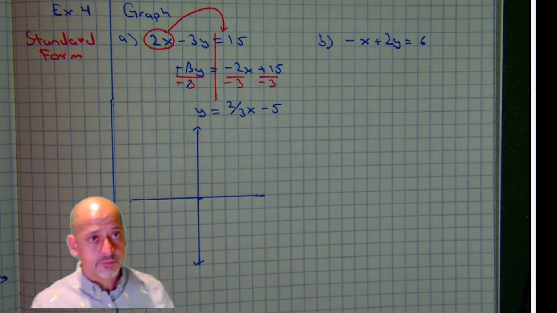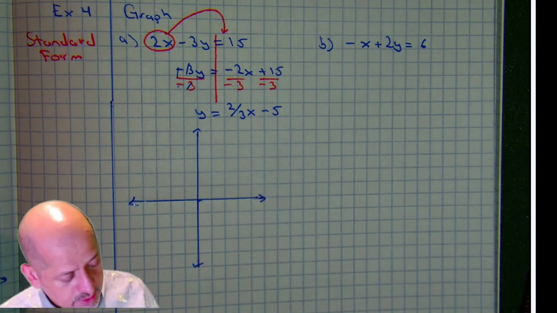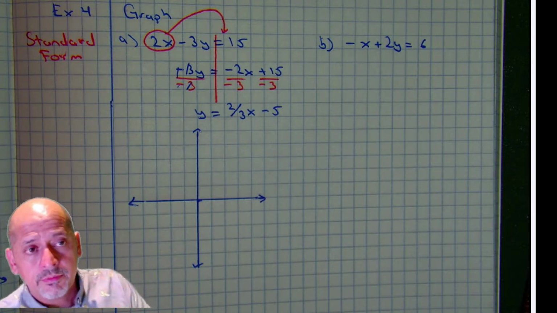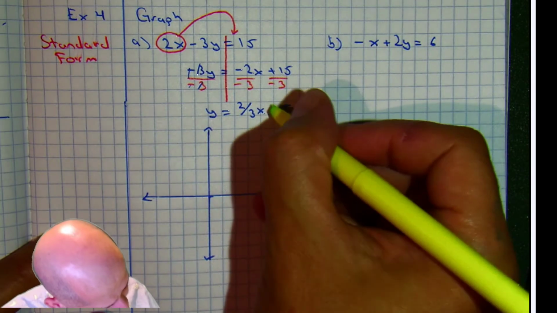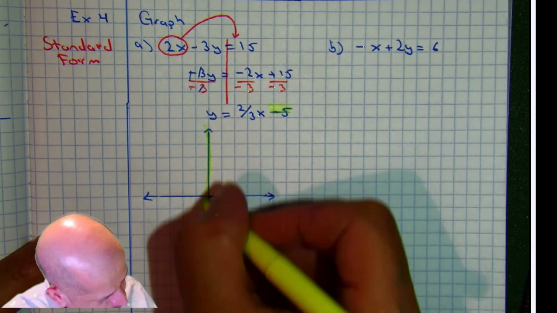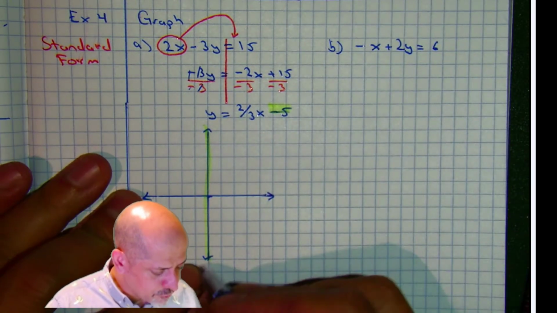There we go. To graph it, we're going to go through the same process. First step, my y-intercept is negative 5. I highlight my y-axis, which is negative 5. That is my first point.